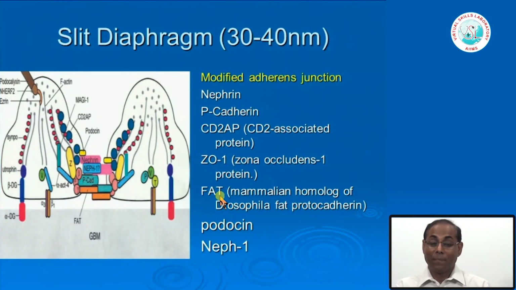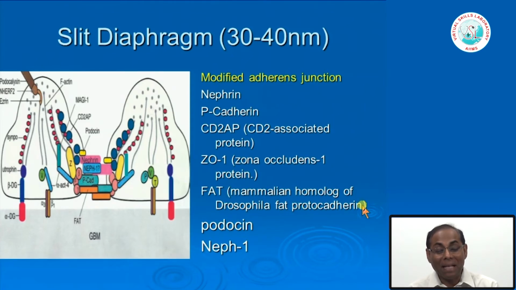And more important, particularly for the abnormality of the podocyte glomerular filtration barrier, the genes or the proteins which are responsible are nephrin, P-cadherin, CD2AP, that is CD2 associated protein, ZO-1, zonula occludens protein 1, FAT, that is the mammalian homolog of Drosophila fat, and podocalyxin.